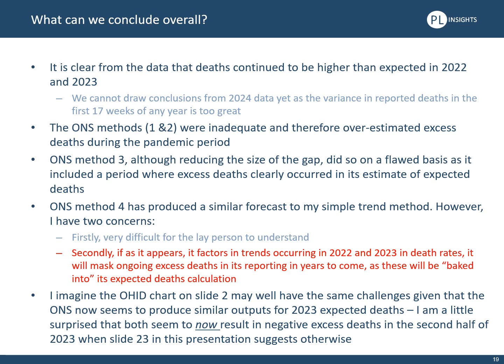So I'm a bit surprised that both organisations are now producing negative excess deaths for the second half of 2023, when this presentation clearly suggests that deaths seem to be running at significantly higher levels than they ever have done during that period. That's going to be a subject for a future topic.